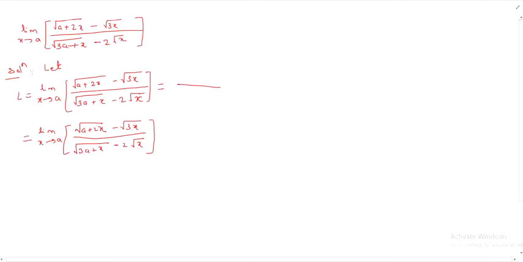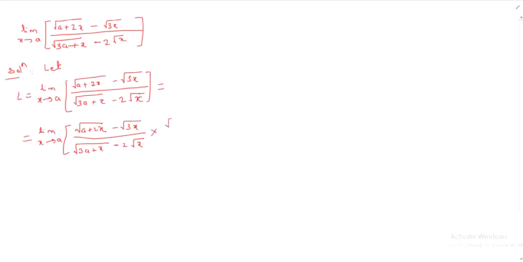So in the denominator, root 3a plus a minus 2 root x, that is 2 root a minus 2 root a, that is, the denominator reduces to 0. Hence obviously there is one common factor, that is x minus a, and we have to find that one. It is possible by rationalization only.